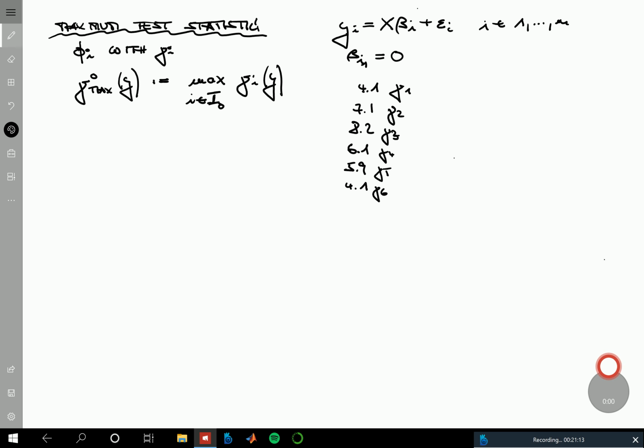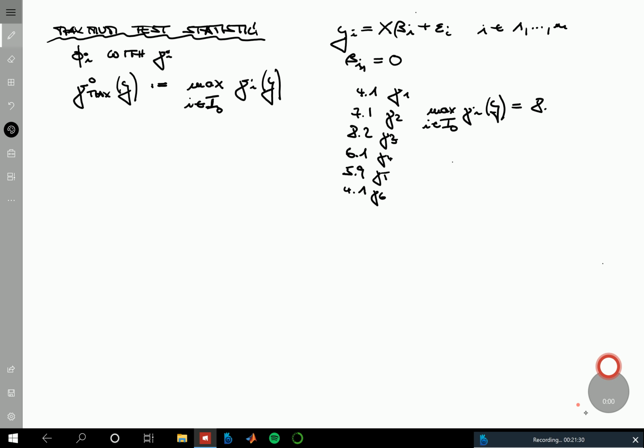And let's assume that the null hypothesis actually holds at all of those. Then the maximum over all these gamma i, in this realization, would be 8.2. So that's the maximum of the test statistics.